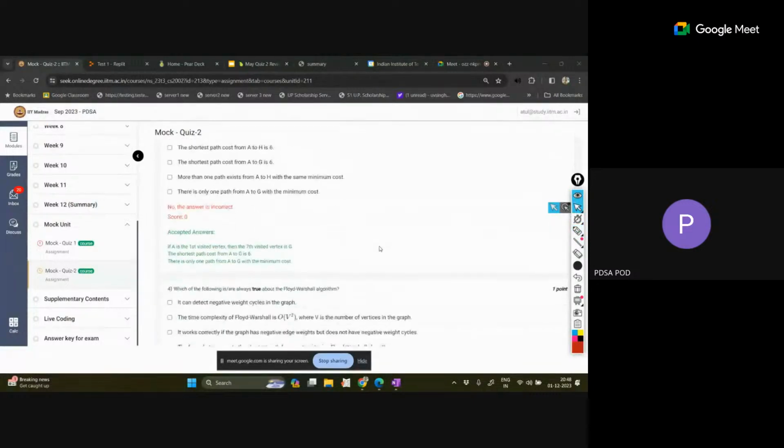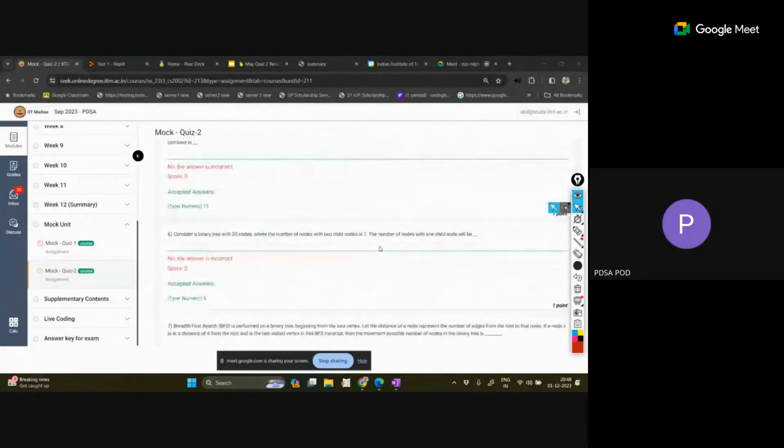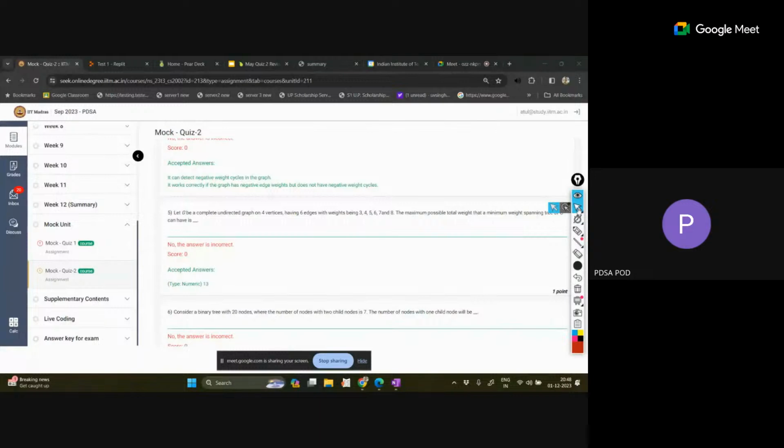One second. So problem number 5. Yes, someone asked about this one, problem number 5. So here the question is: let G be a complete directed graph on 4 vertices having 6 edges with the weights being 3, 4, 5, 6, 7, and 8.